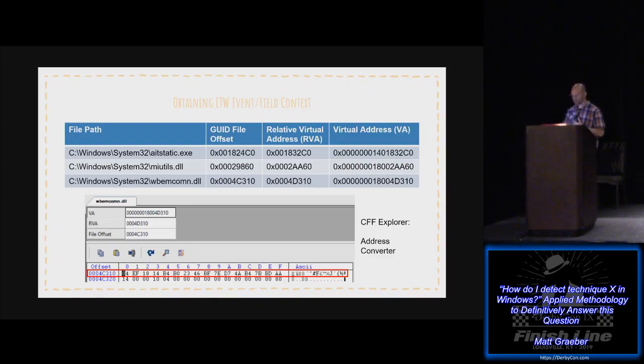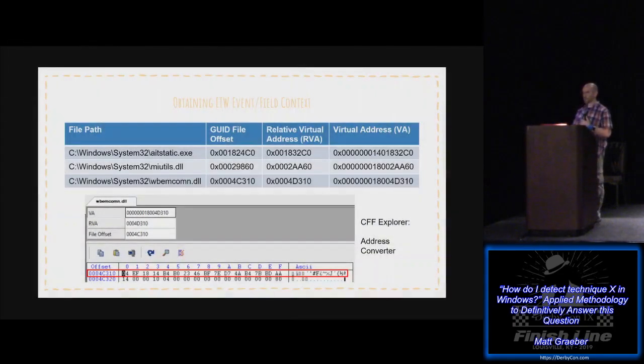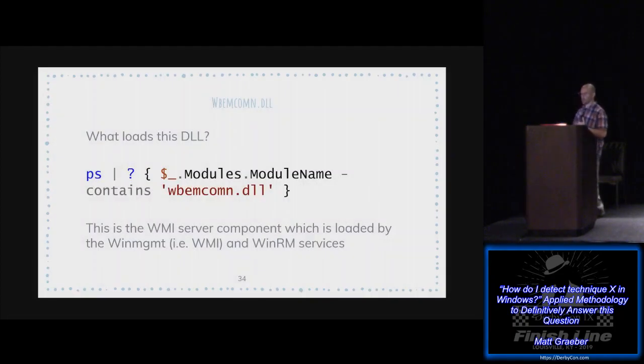AIT static is not relevant. That's related to telemetry. MI utils wasn't super relevant. I forget what it was for. But WBEMCOMN looked like the absolute relevant component here that I wanted to dig into. So I started digging into it. What was handy with the code that I provided was that it gave you the file offset of where that byte sequence occurred.